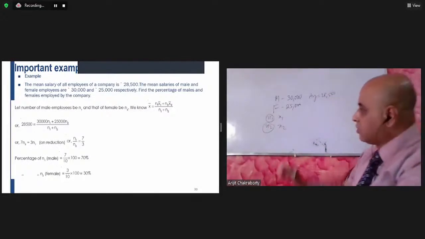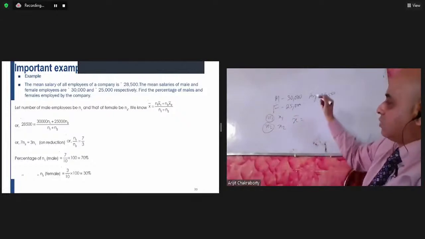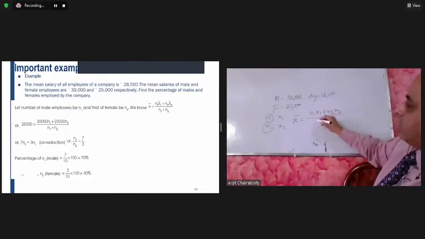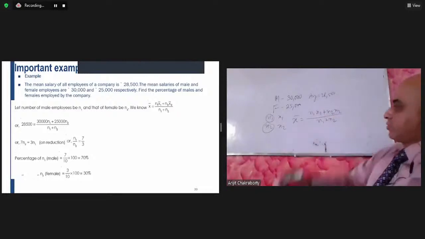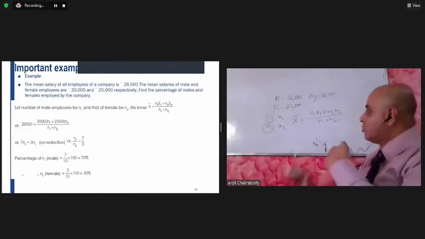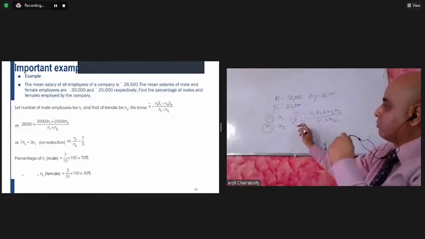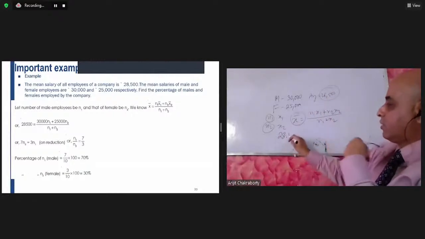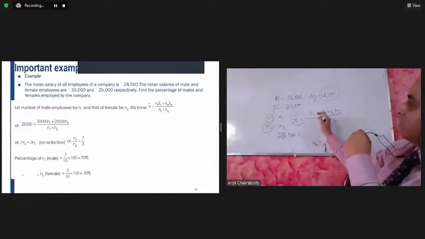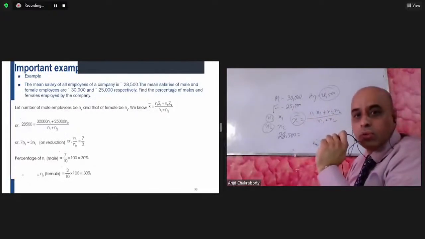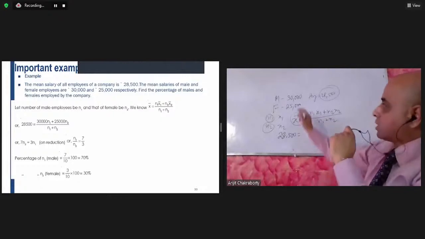Then the mixed average is equal to N1 X1 plus N2 X2 divided by N1 plus N2. That is basically the formula. So in this case, the combined average X bar is 28,500. This is equal to N1 into X1. N1 we don't know, but X1 we know. X1 is 30,000.